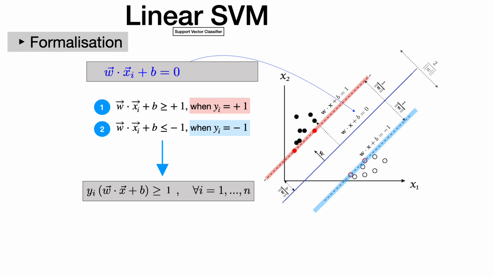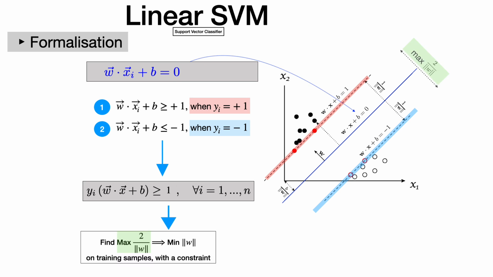Okay, now what do we want again? Well, actually the largest margin, right? Again, if you remember, the distance is 2 over the norm of W. This is the distance, and this 2 over the norm of W is basically the whole margin. So we want to maximize this term for W, which is basically to say we want to minimize the norm of W, right?